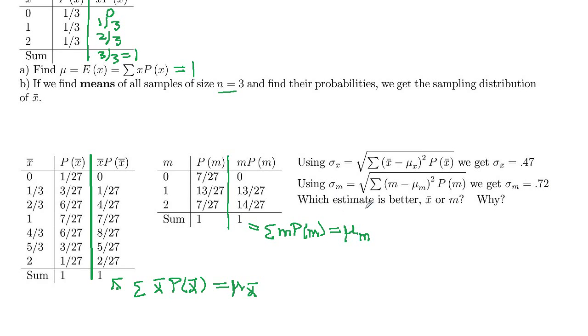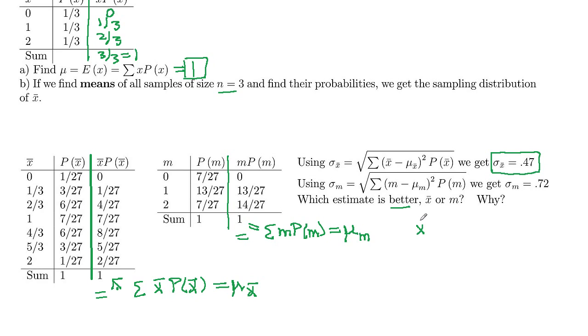So the question is, which estimate is better? Well, they both estimate the center properly. They're both unbiased because our original population had a mean of 1. So both of these means equal the mean of the population. But the sampling distribution for the mean has a smaller standard deviation, 0.47.